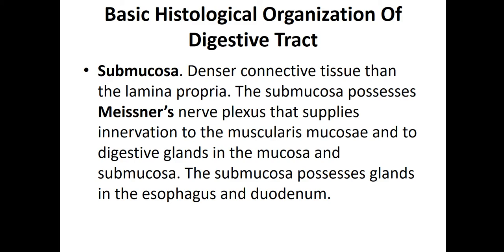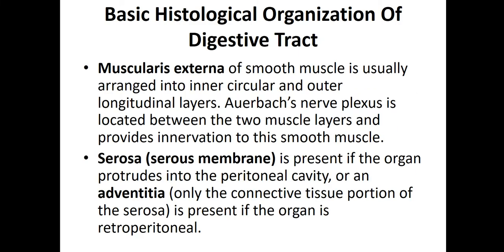But submucosa is a very dense fibrous tissue, which makes the gut very powerful and able to exert pressure and stress, same as in the respiratory tract. But in the respiratory tract we have a different next layer, which in the digestive tract is the muscularis externa.